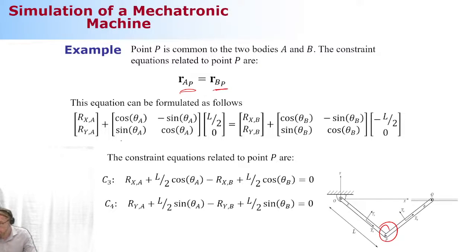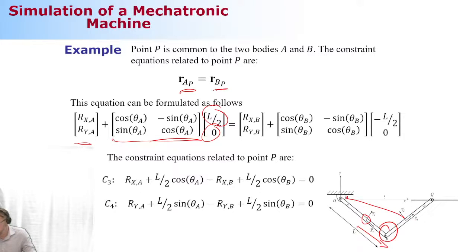Okay, we're going to go first to the origin of the body reference coordinate system. We're going to take the orientation into account. And then, because the x-axis is pointing in this direction, we need to travel L divided by 2, transverse direction 0. That needs to be equal to the very same point, but using body B. Okay, here.